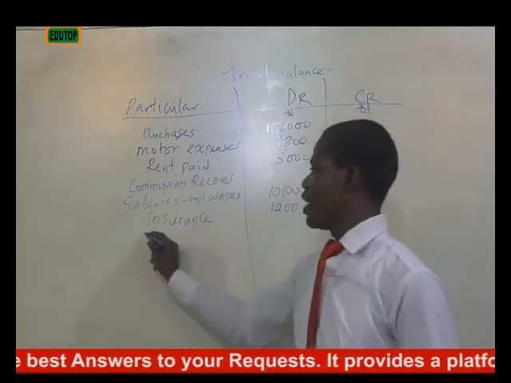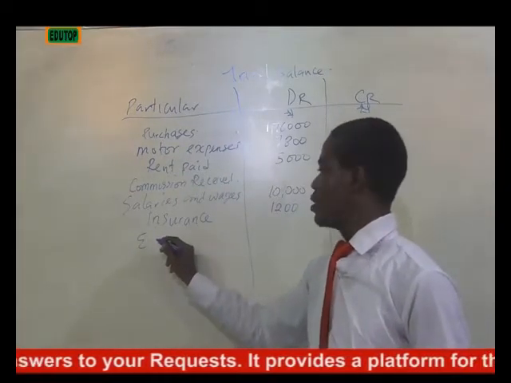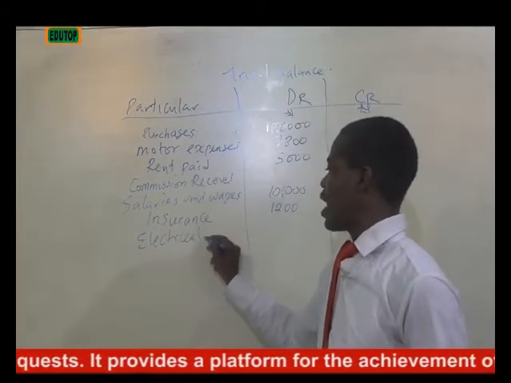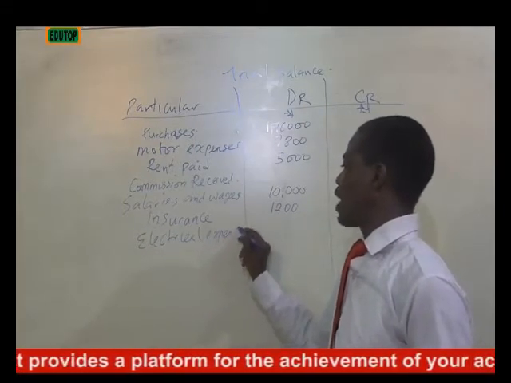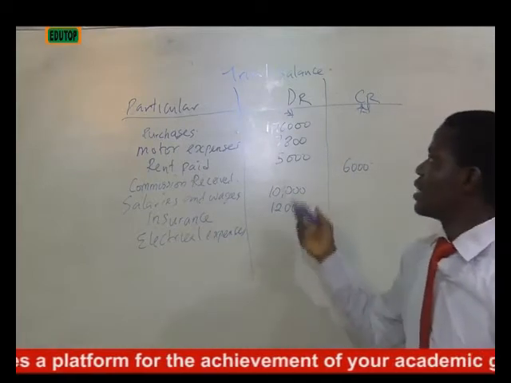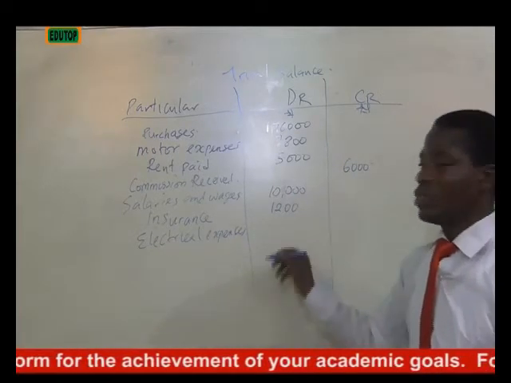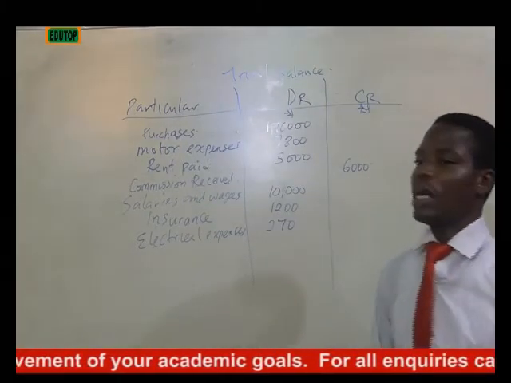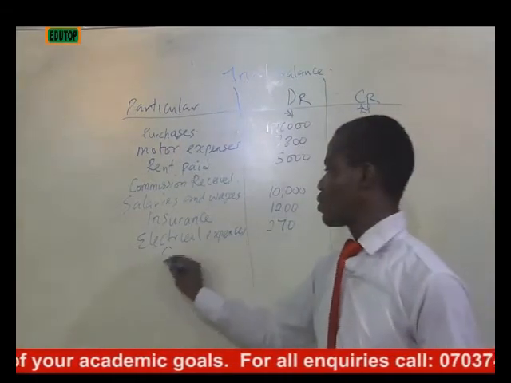Then electrical expenses. Electrical expenses is the same thing as electricity. That is also an expense, so it has to be debited.